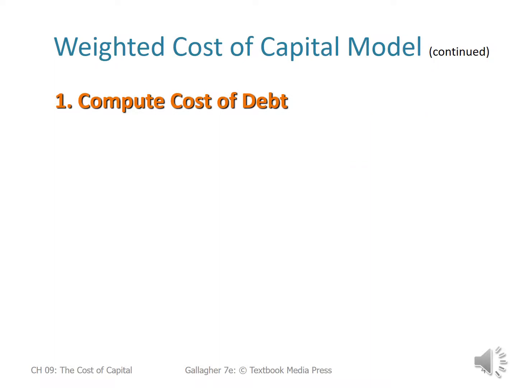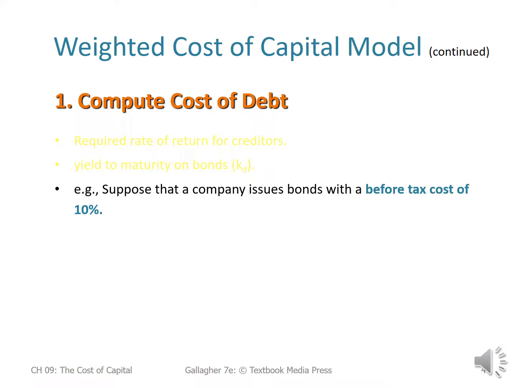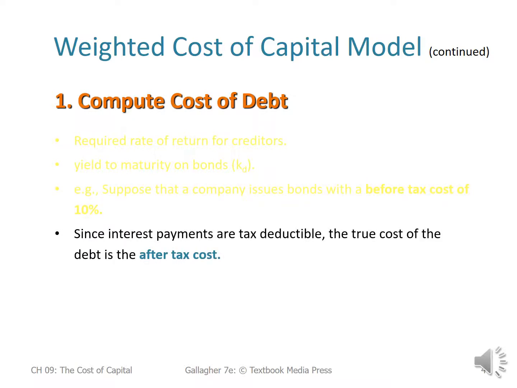The first step is to compute the cost of debt. It's the required rate of return for creditors. It's the yield to maturity on bonds. For example, suppose that a company issues a bond with a before-tax cost of 10%.